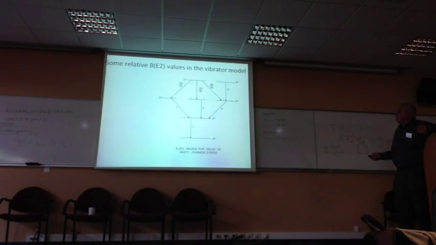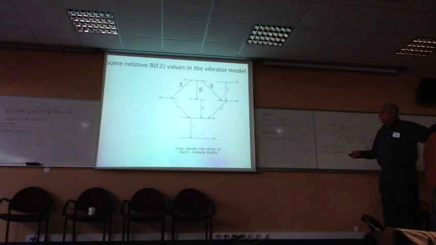Remember, if this is 1 unit of transition strength, the transitions from the 2 phonon state are 2, and the transitions from the 3 phonon state should be 3. Here you see the 6 plus, which decays with 3 units of the E2 value to the 4 plus. The 2 plus can go to the 0, the 2, and the 4 with these relative BE2 values.